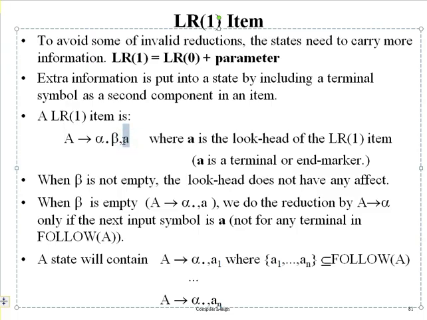When we are adding the reduce action, if beta is left empty, or if the item is the final item, we add the reduce action only under the terminal symbol a, which appears as the parameter in the LR1 item.